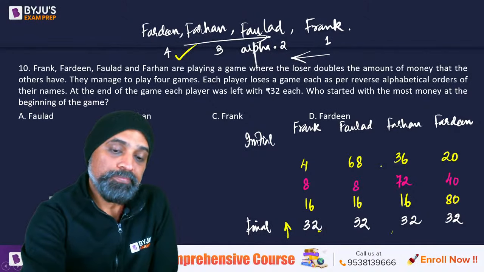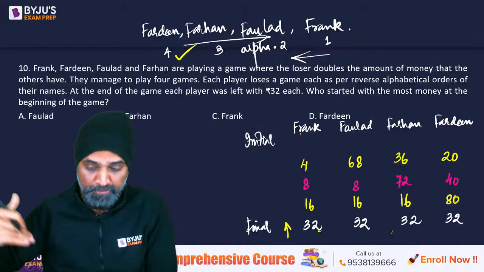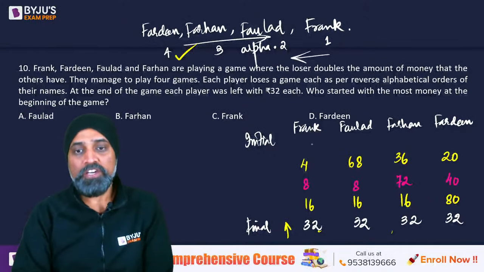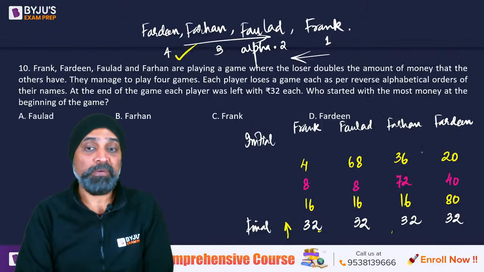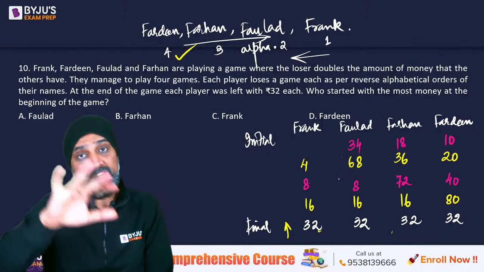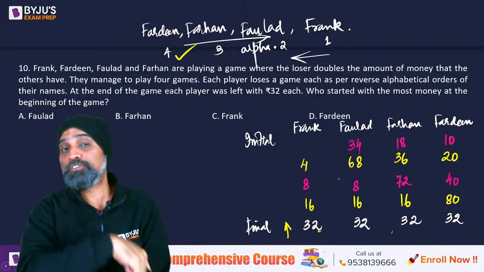Now, it's the turn for Frank because he was the first guy to lose. If you are going from bottom, it's the last guy from bottom, right? So when Frank loses, he doubles everybody's money. That means Fardeen must have had 10, Farhan must have had 18, Fawad must have had 34. And the increase in the money the others saw came from Frank.